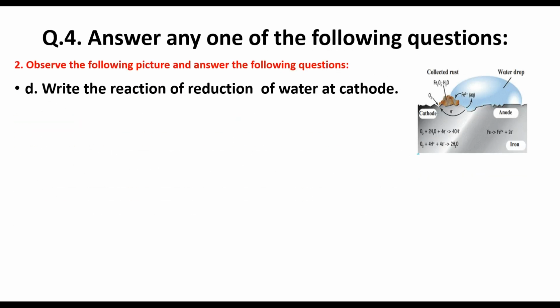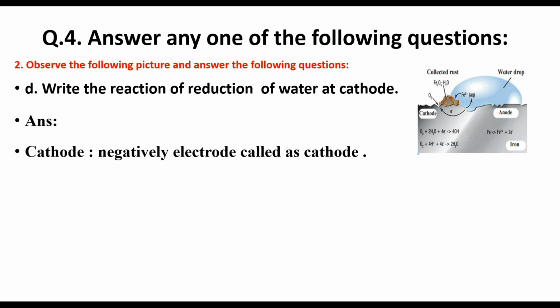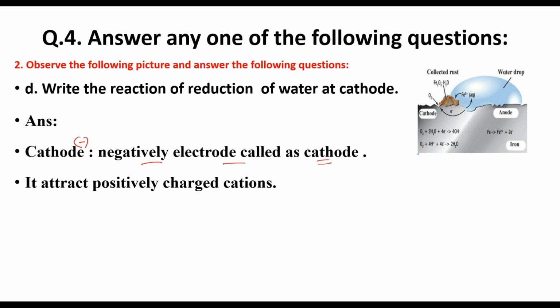The next question is asked about the reduction of water at cathode. What is cathode? Cathode is a negatively charged electrode. If the cathode is negative, then it attracts positively charged ions, which are called cations.